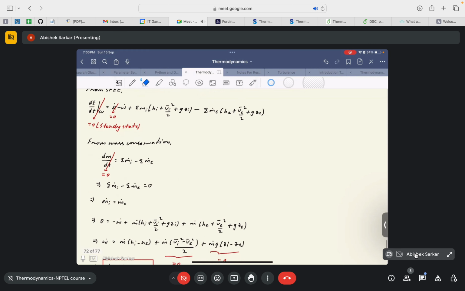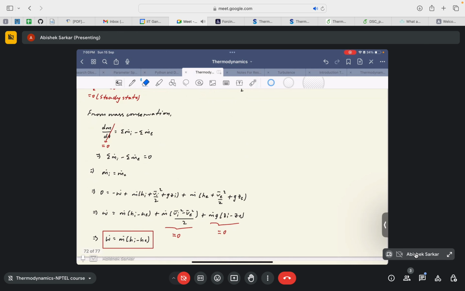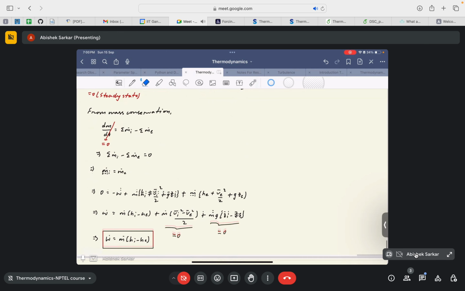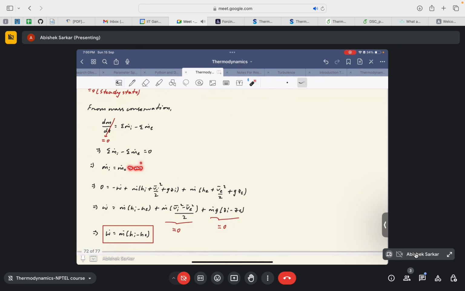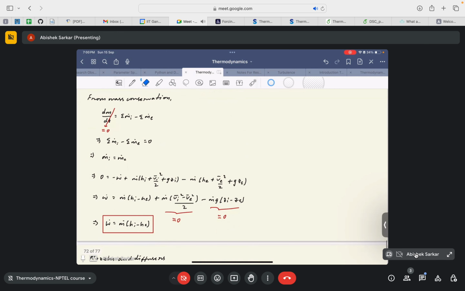So if we now substitute this in this equation, and take it as some m dot, then we will have minus W dot plus m dot (hi plus vi square by 2 plus g zi) minus m dot (he plus ve square by 2 plus g ze). Then we take the net work done term to the left hand side, this will become positive. So we have W dot is equal to m dot (hi minus he) plus m dot (vi square minus ve square) by 2 plus m g (zi minus ze).